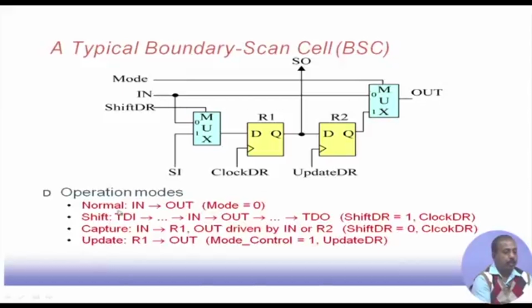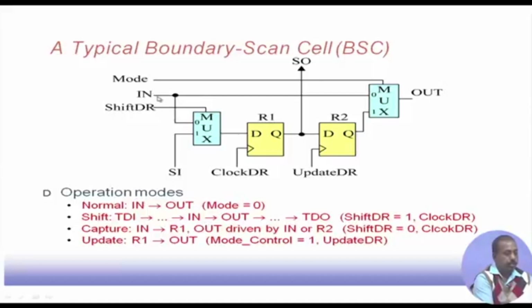Then the shift operation, that is whatever is coming on the test data input line, TDI, which is reaching here by this serial input line, will go into this register R1, and out to TDO. So, that is the test data, coming from this shift data register.